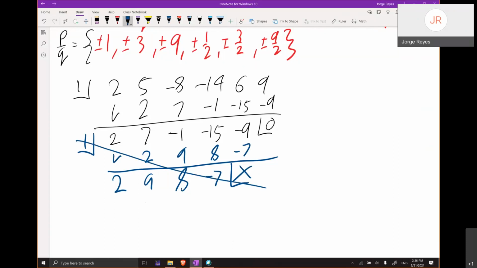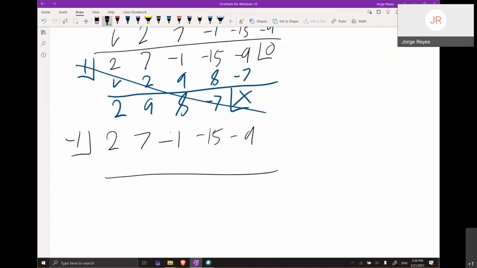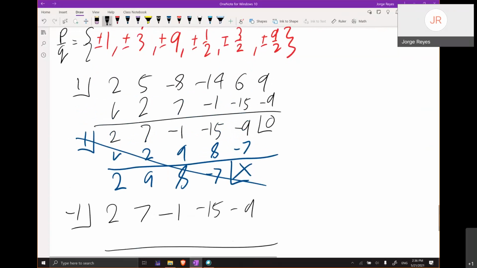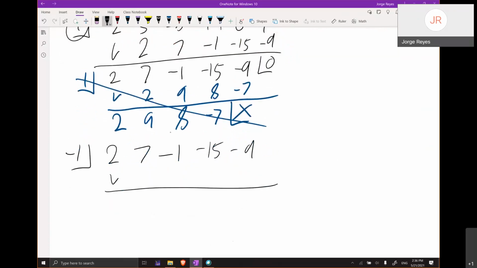Now let me guess negative 1. So 2, 7, 1, negative 15, negative 9. I'm going to remember that 1 is a 0. So 2, negative 2, 5, negative 5, negative 6, 6.